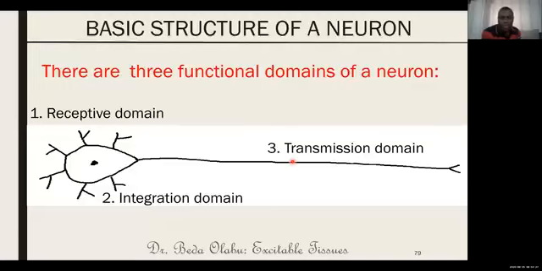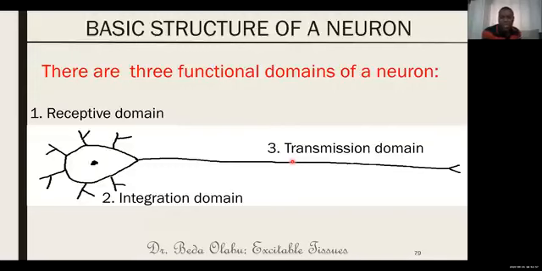So based on the diameter of the axons of neurons, we have different types of neurons. There are those that we'll call alpha neurons, beta neurons, delta neurons, gamma neurons. So they are based on the size.